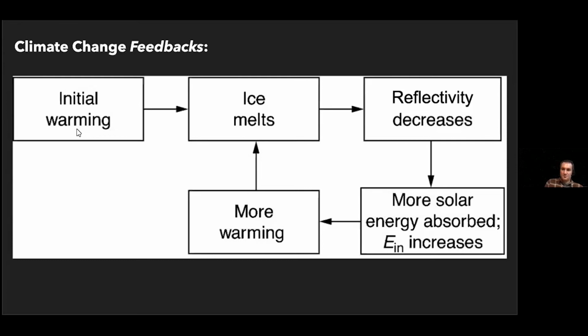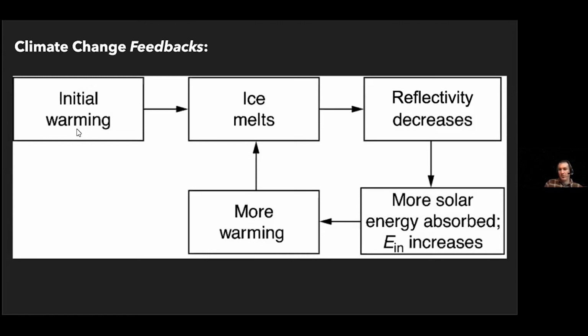As that ice melts, it's going to uncover a darker surface underneath it, either darker land or darker ocean, depending on whether the ice is over land or water. But in either case, that darker surface is going to absorb more energy and reflect less than what the ice previously was doing.